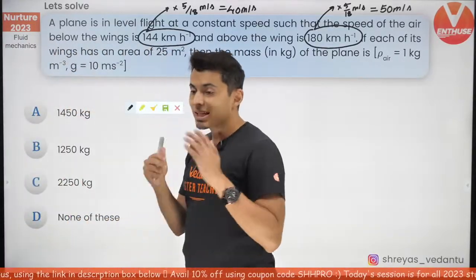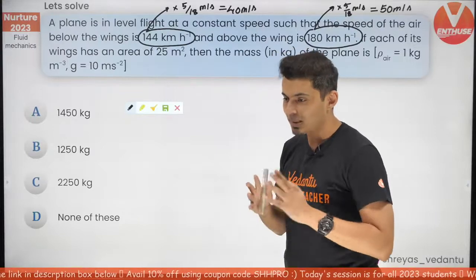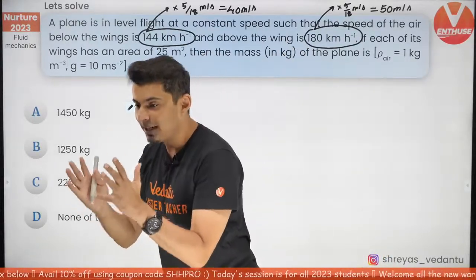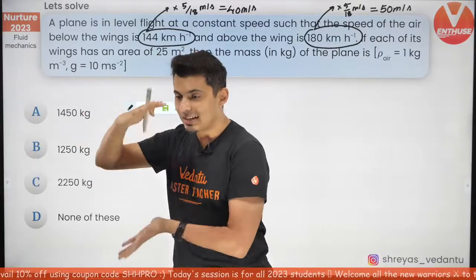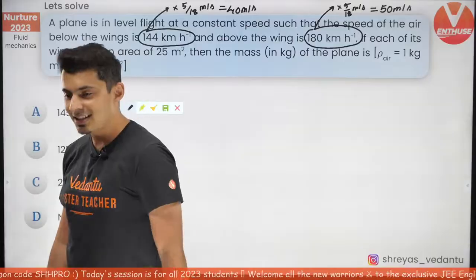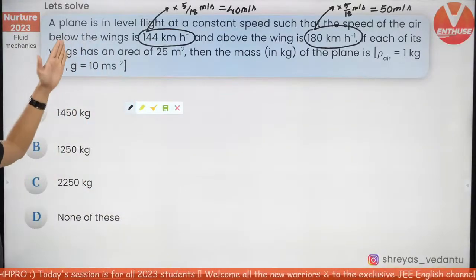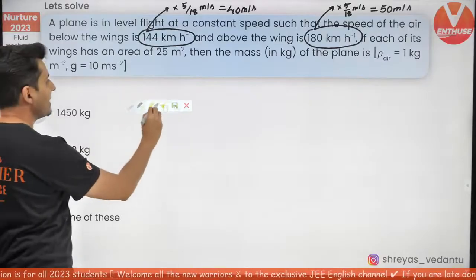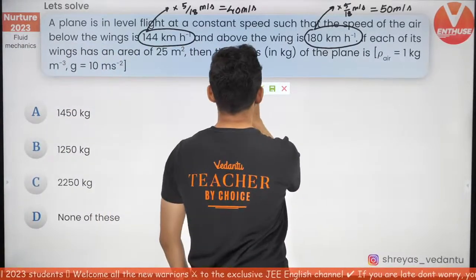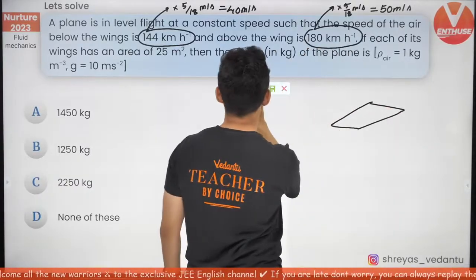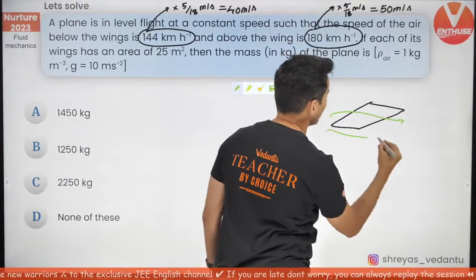Correcto? Now what is the next concept that you're going to do? Think about it. Didn't I tell you about the wind which goes from the top and below, it creates some pressure difference and that creates a lift? Do you remember that, my warriors? So just use that right over here. So we have the wind which goes from the top and one which goes from the bottom.